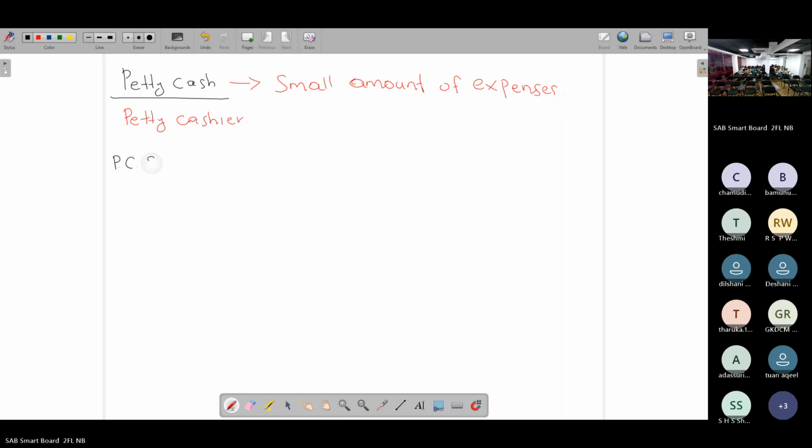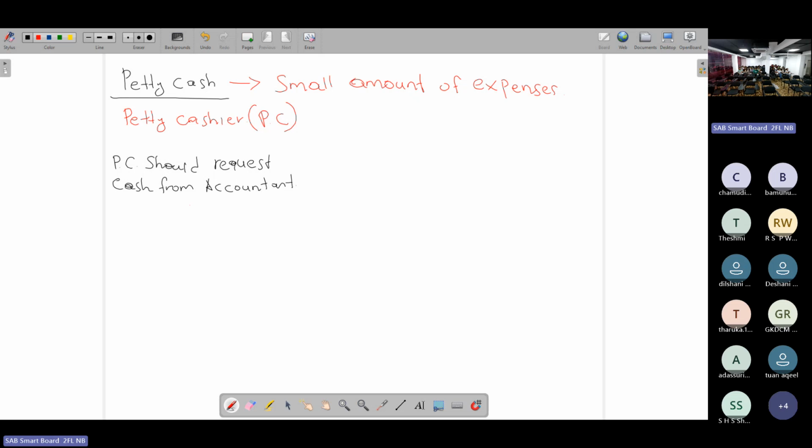Okay. Petty cashier should request cash from the accountant because the accountant is responsible for the entire accounting process.